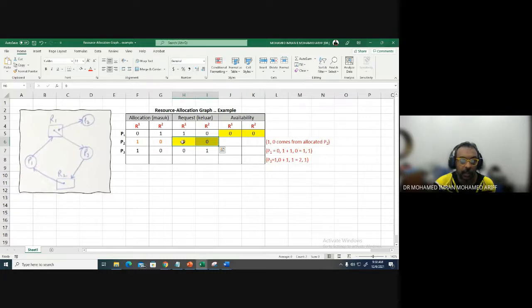So setelah P2 complete, the resource yang awal-awal diberi pada dia will become here. 1, 0. Sebab dah diberi awal-awal kat dia. So now bila dah habis, dia akan bagi balik. Alright. So now the resource available is 1, 0. So siapa boleh run 1, 0? P1 boleh run 1, 0. Tapi kita dah bagi dia awal-awal tadi 0 and 1. Tambah lagi bagi another 1, 0.